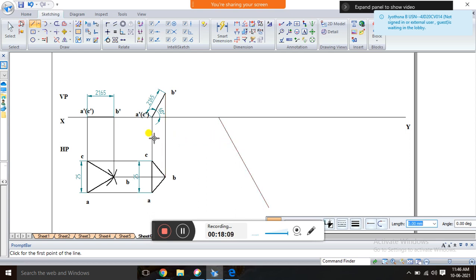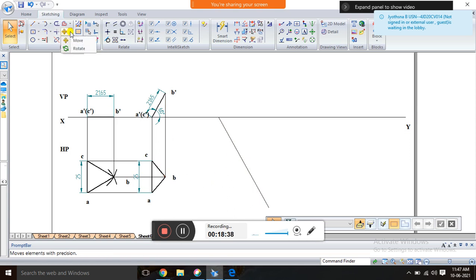We don't know the line length, so you just draw a simple line of 60 degrees. Next, you have to reconstruct the entire thing. This ABC is there in the fourth view, that is the top view in the second position, that you have to reconstruct on this XY line, meaning this entire thing we are going to rotate here.